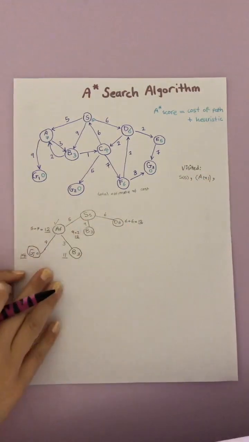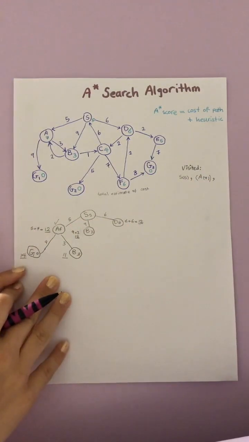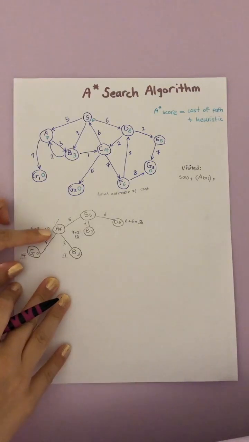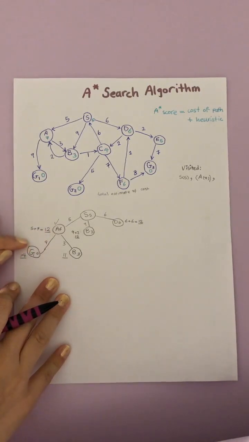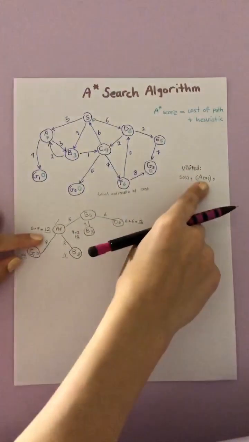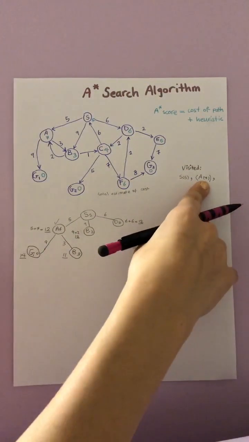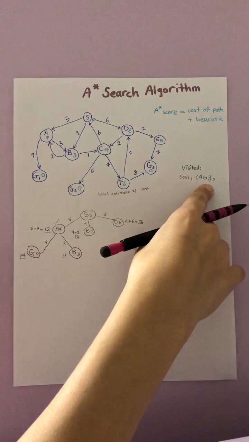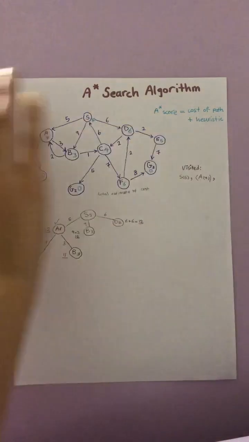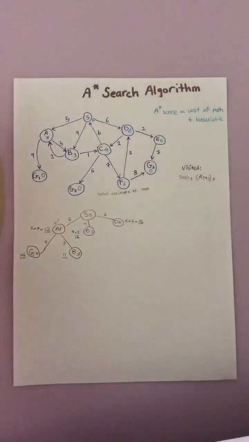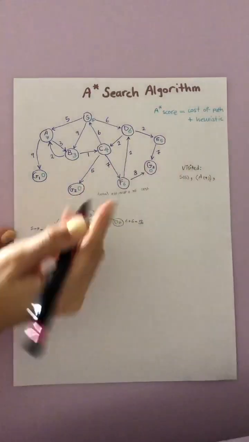So if we ever have another node of A that costs less than this much, we can also explore that. But if it's more than that, we get to a dead end, and we can totally neglect it.